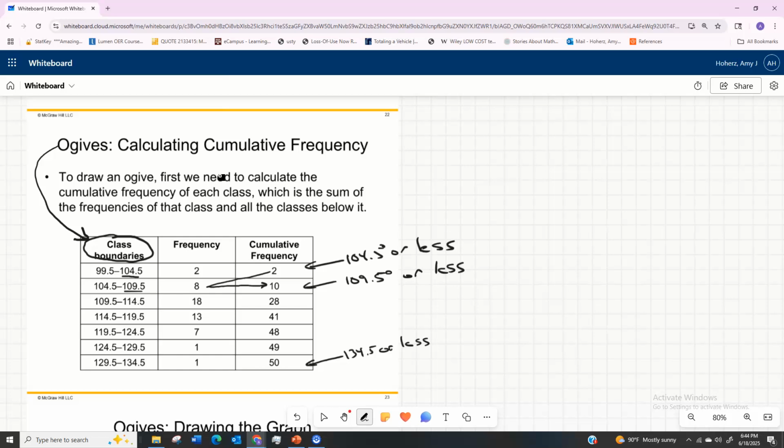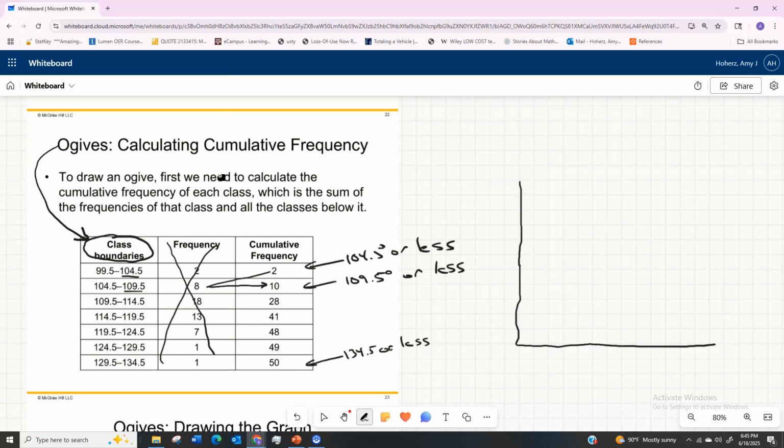And then when we graph, I'll go ahead and cross this out. When we graph, we don't need those frequencies anymore. We need the boundaries and we need the cumulative frequency. So we're going to get our y-axis and our x-axis.